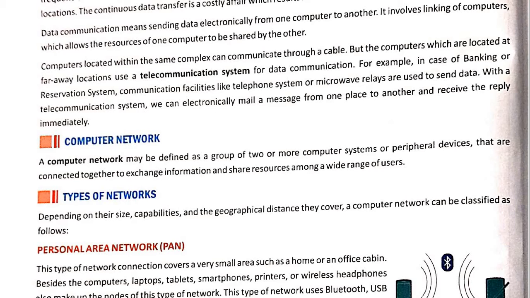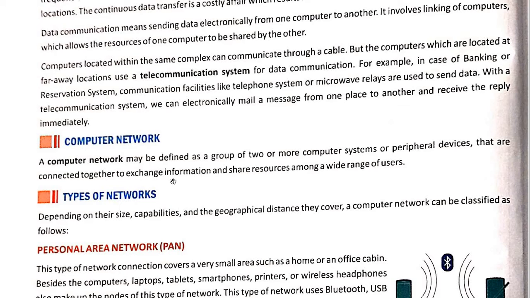Suppose two people have computers in their homes, but only one has a printer, then the two can share the printer by connecting the two computers with each other. So two computers are connected for the purpose of sharing of the peripheral, means sharing of the hardware.